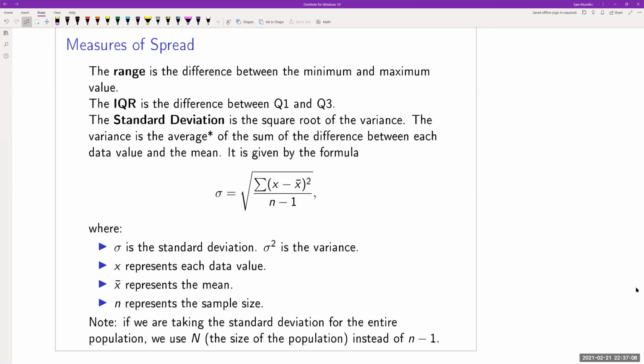My data could be very spread out or very close together, and the mean, the median, the mode, none of these things tell us about the spread of my data. And so we need other heuristics for this.